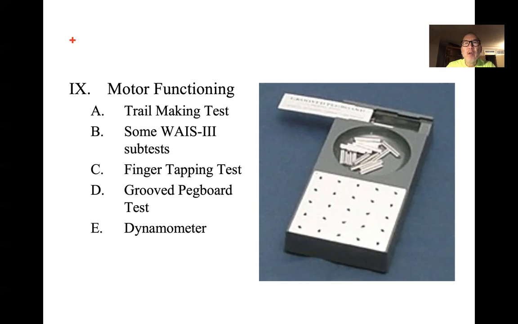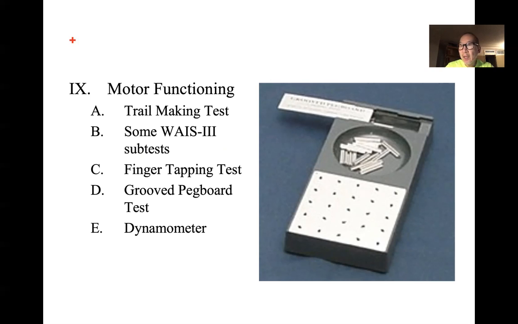I think they have 3 trials of about 45 to 60 seconds, and what's counted is the number of taps within each trial. They do that for one hand, and then for the other hand, right and left. Interestingly enough, that very simple task is very sensitive to possible motor functioning problems.